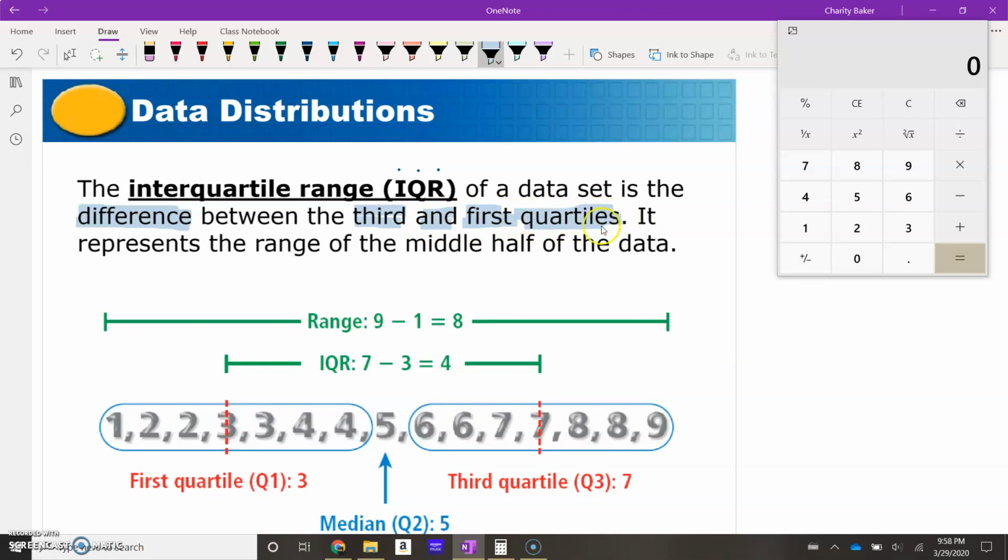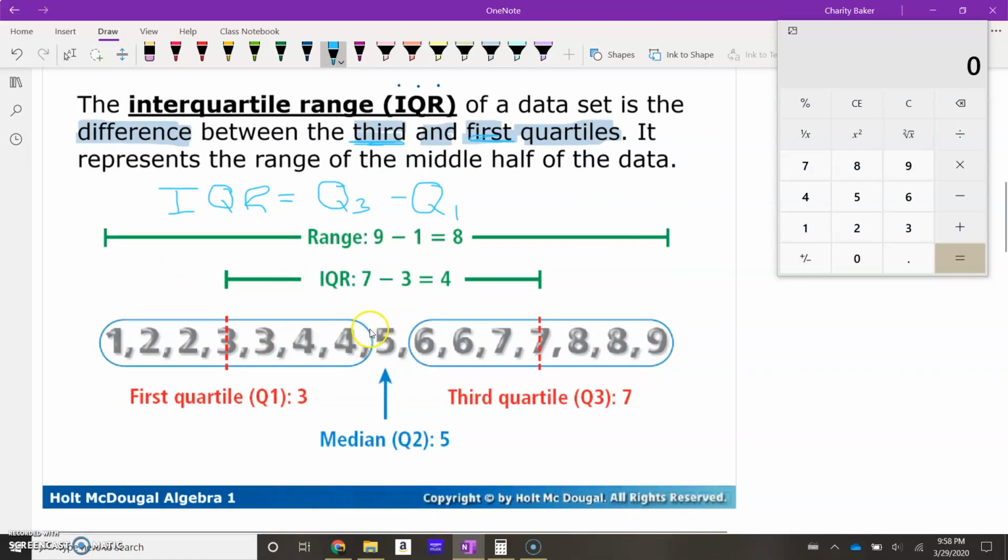Remember those words, quartiles? So this is your IQR. I like to use IQR. It's easier for me to write. IQR is equal to the third quartile. Remember we call that Q3. Q3 minus the first quartile, Q1.